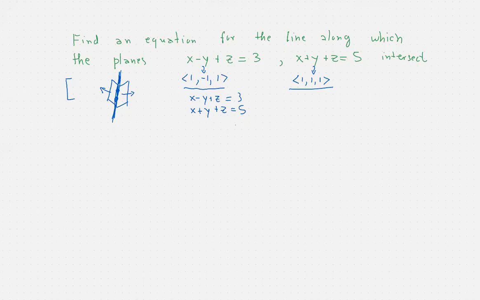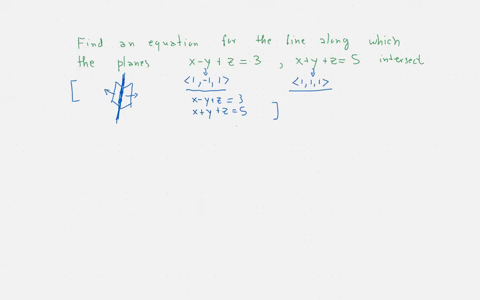So let's take a look now at the solution in a systematic way. The first thing is we will find a direction vector for the intersection.